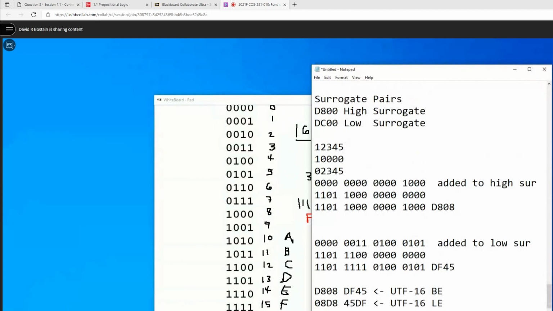Do you have a question, Mikhail? Yeah, you hear me, right? Say again? Can you hear me? Yes, I can. Okay, so which zeros are we turning into ones? You mean when you do the addition? Yeah.